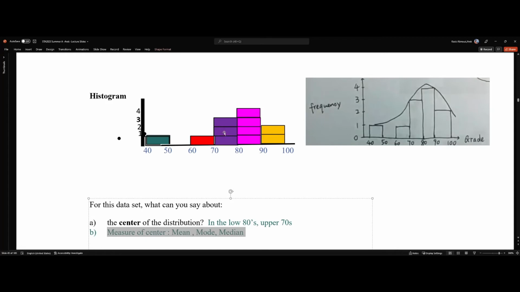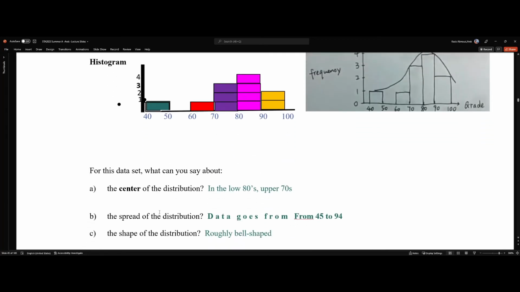We can count the stack and see that it is around the low 80s and the upper 80s, because you can say it as the median or the mean actually. And we can see it from the other two graphs too.